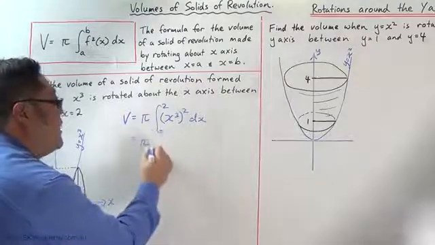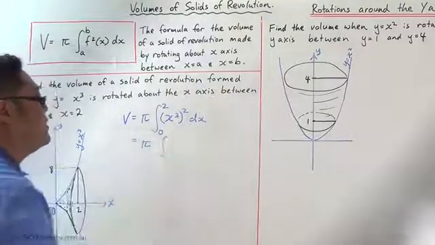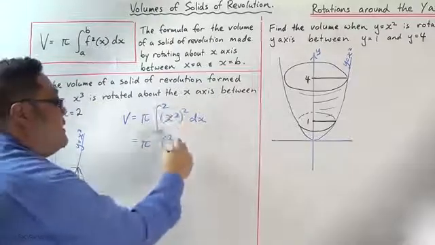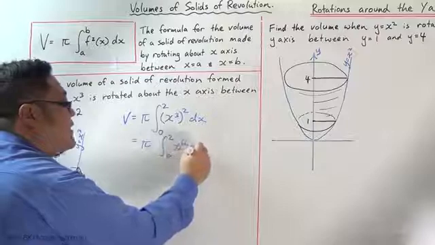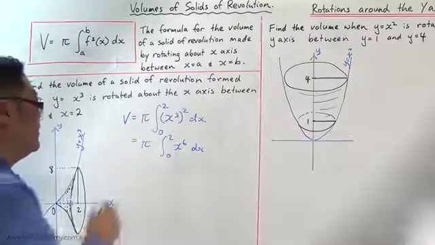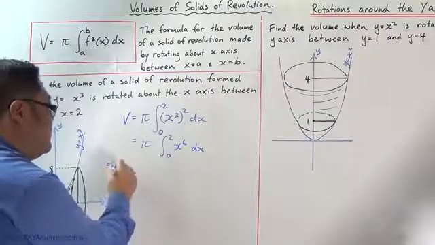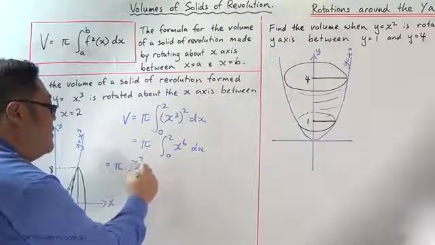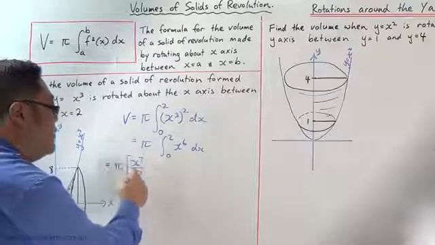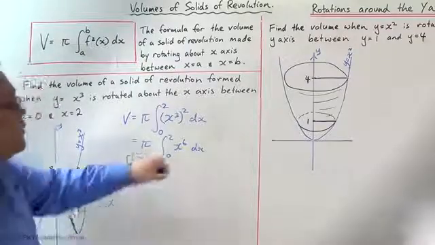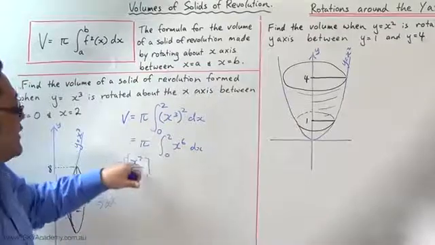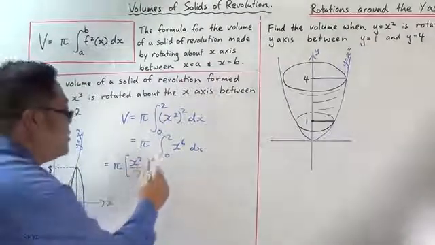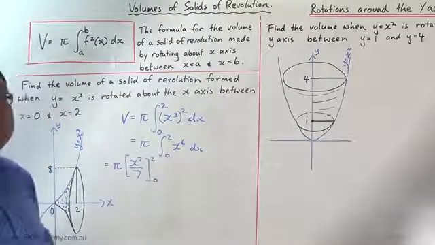That gives us pi times the integral from 0 to 2. X cubed squared is x to the power of 6 dx, which gives us pi lots of x to the power of 7 on 7 when we integrate it, between 2 and 0. Does that make sense?